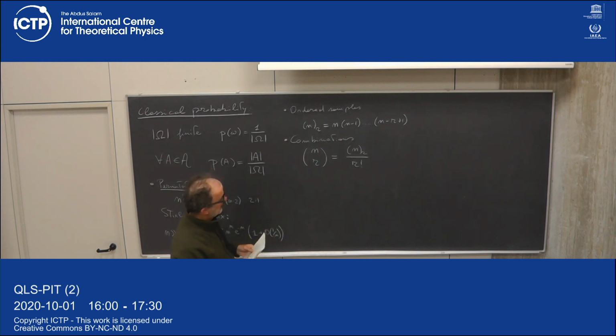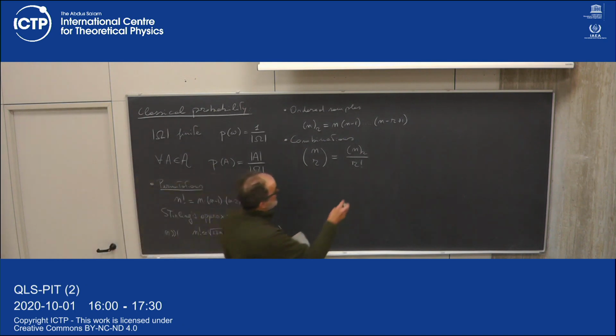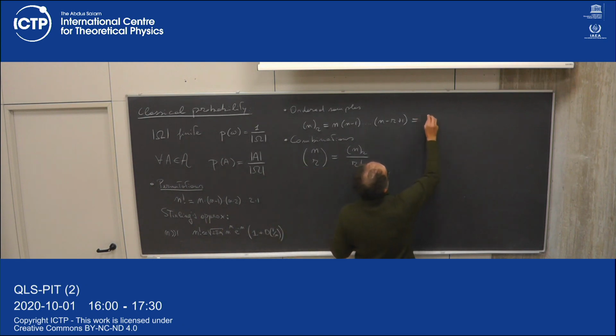And there are two things that I want to remind you about this object here. So this can also be written as n factorial divided by (n minus r) factorial.